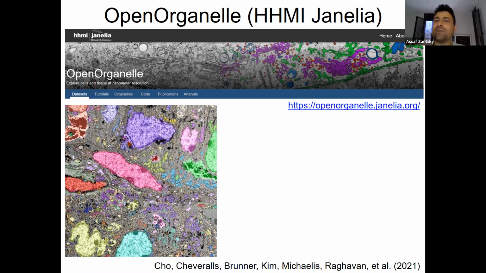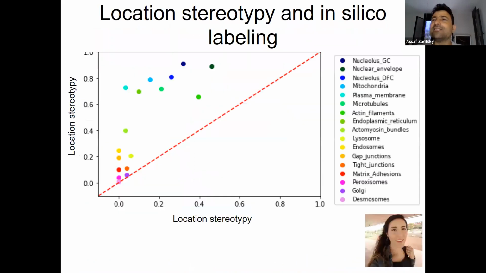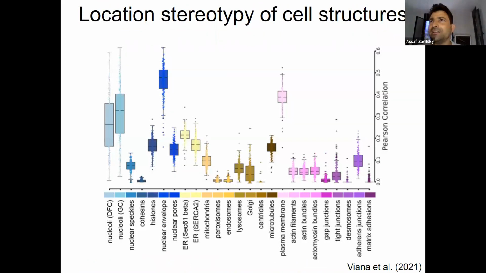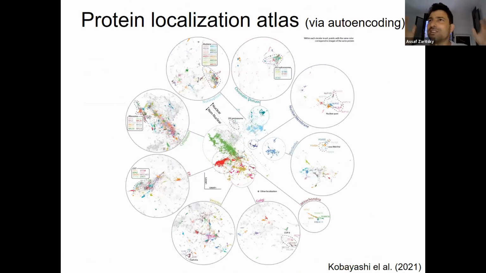Look, HHMI, Chan Zuckerberg, the Allen Institute, all of these are putting all their efforts and funding into learning this basic question of how a cell is organized and how the organization of a cell is linked to cell function. Just giving you some proportions of how big this thing is.